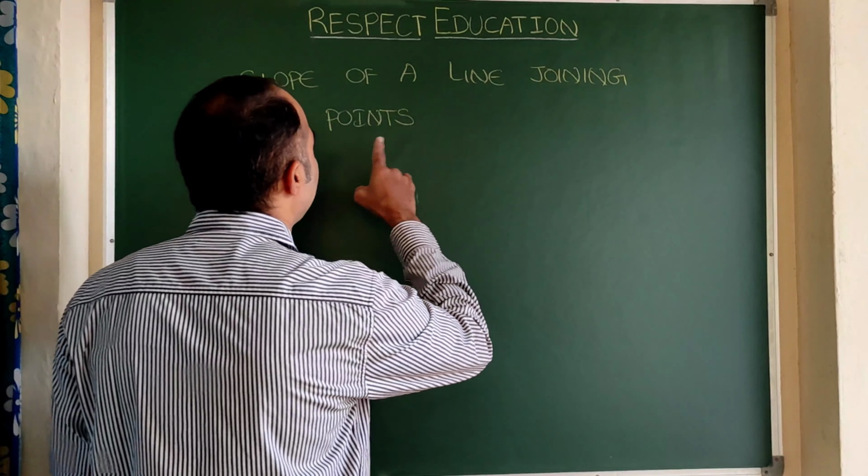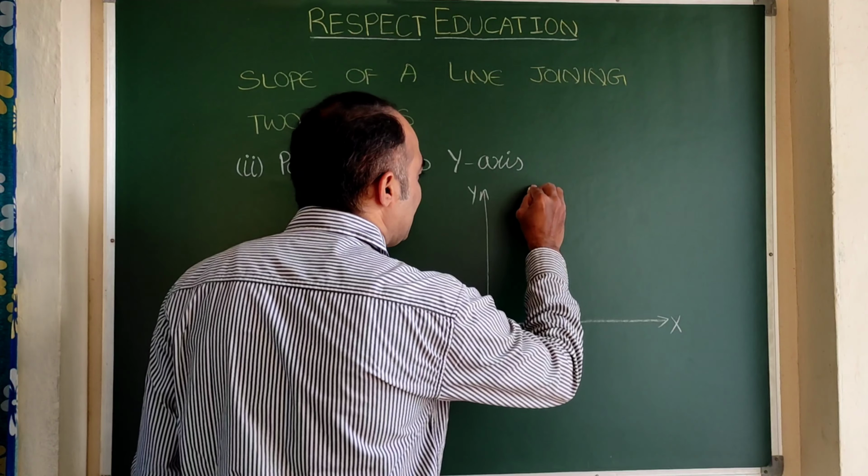Slope of a line joining 2 points, if the line or these 2 points are parallel to y-axis. Now let us see what is the value of its slope. So here let us consider coordinate axis. This is positive x-axis, this is negative x-axis, this is positive y-axis, this is negative y-axis.